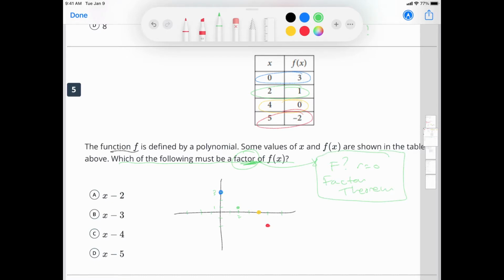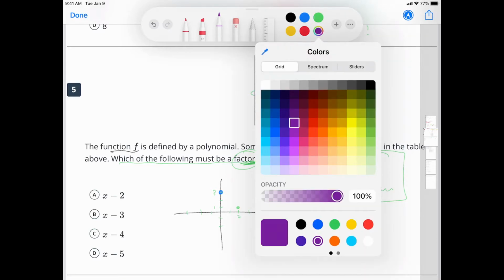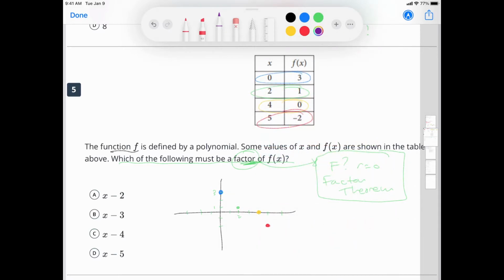Okay, so which one of those has a remainder of 0? The remainder of 0 here is basically when you have, that's why they call it a 0. So the yellow one is the answer.